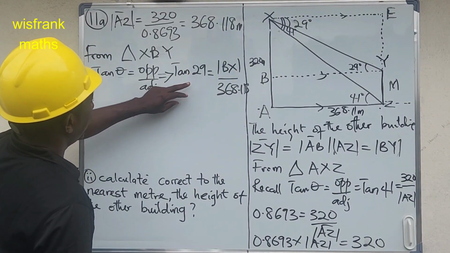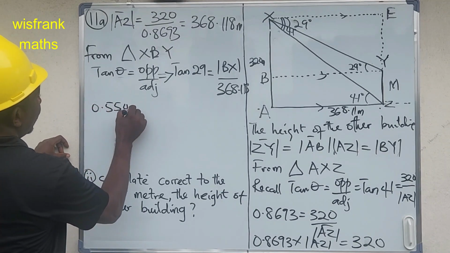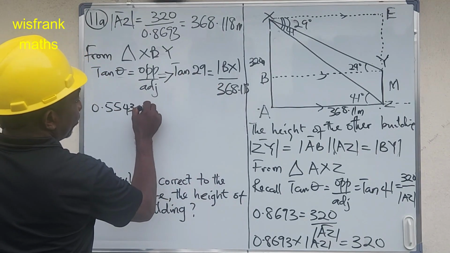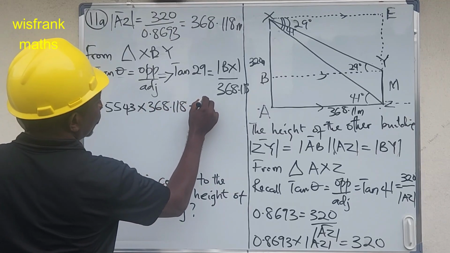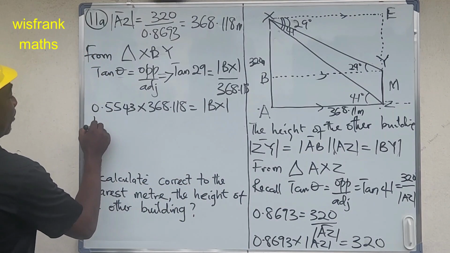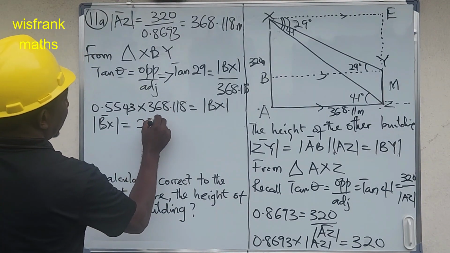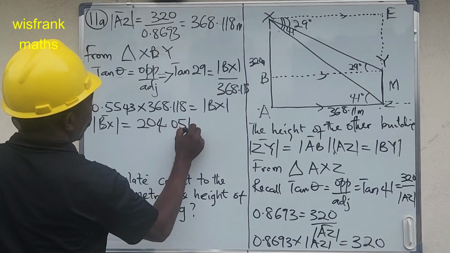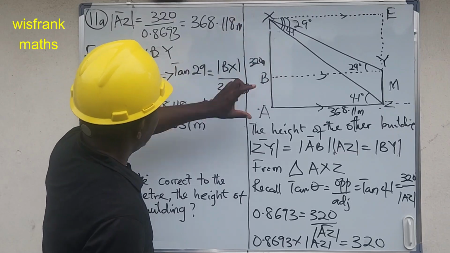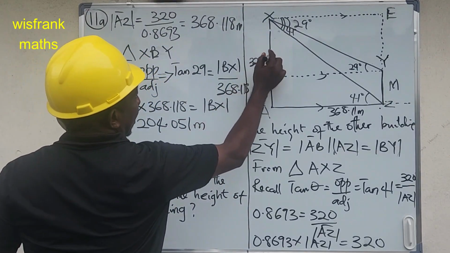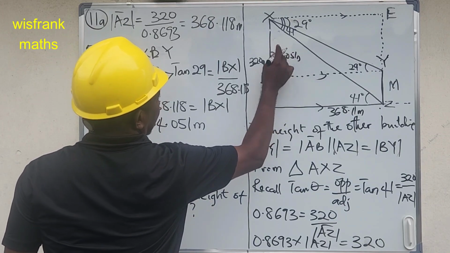When we cross multiply, tan 29 is the same thing as 0.5543. We multiply by 368.118, which equals line BX. When we multiply this, it gives us 204.051 meters. So this is line BX, which is 204.051 meters at this point.